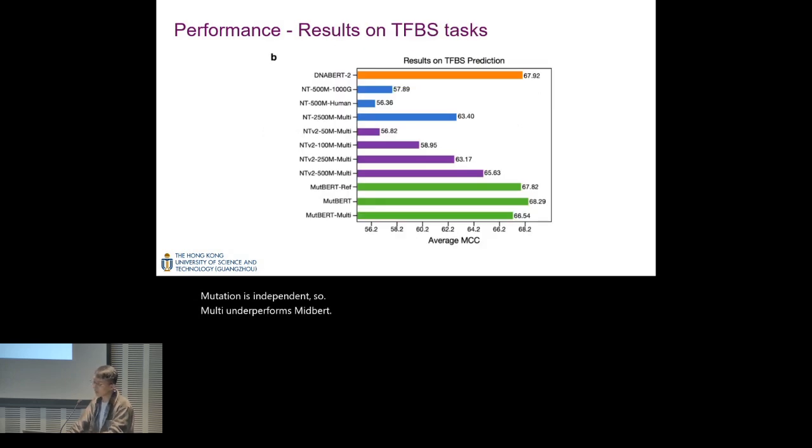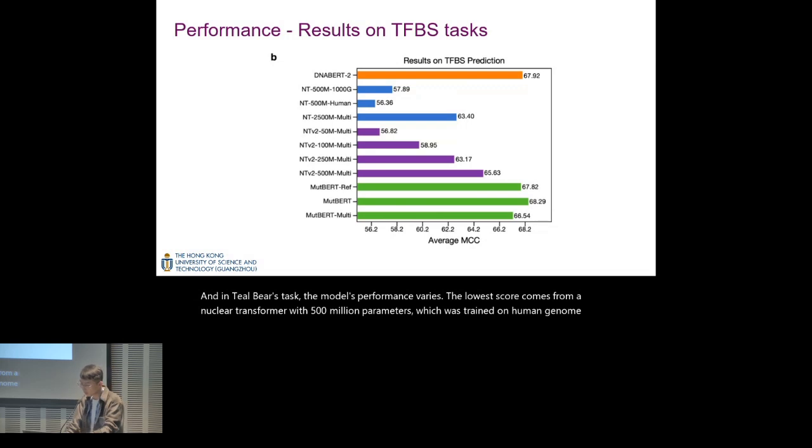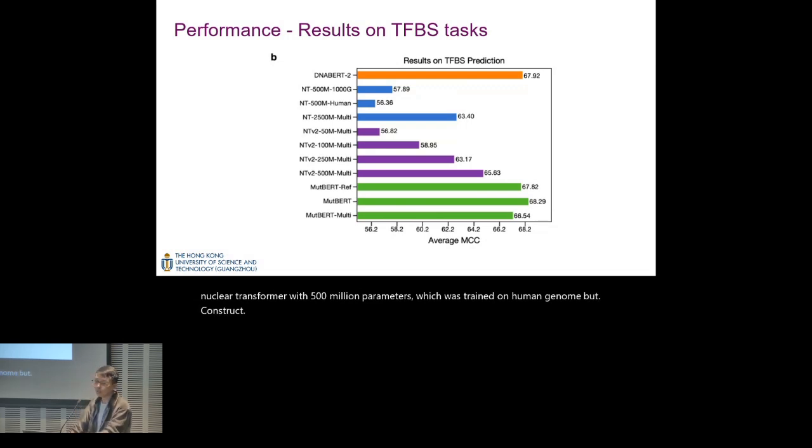And in TFBS tasks, the model's performance varies. The lowest score comes from the Nucleotide Transformer with 500 million parameters, which was trained on the human genome. But in contrast, MutBERT achieved the best performance with the same human data.